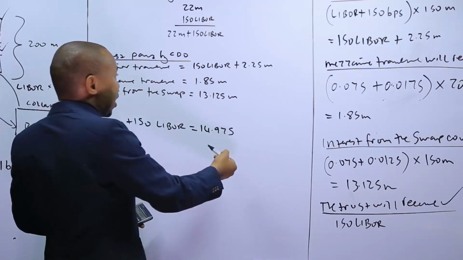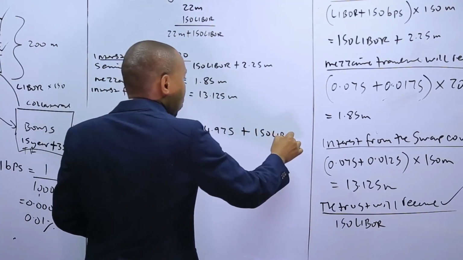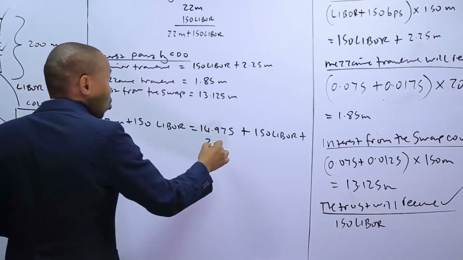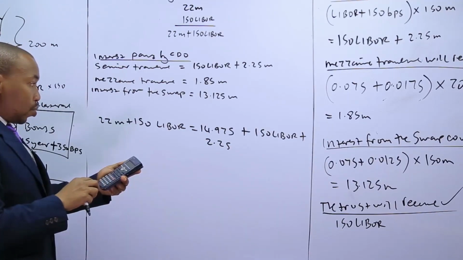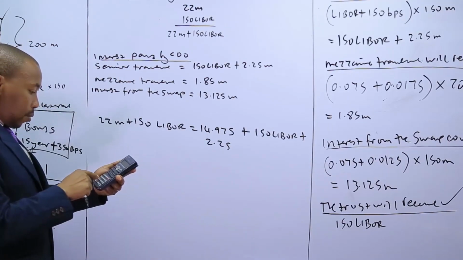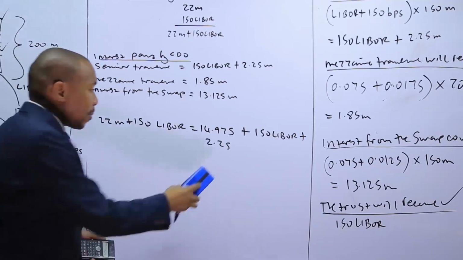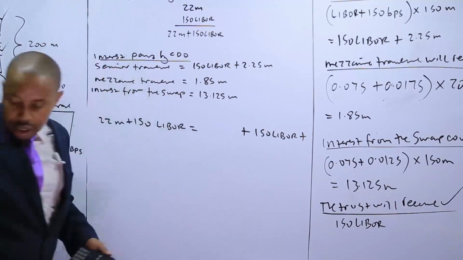This one, because we've added like that, plus 150 LIBOR plus 2.25. So plus 2.25, we get 17.225. Now I can wrap this 17.225 to shorten it.